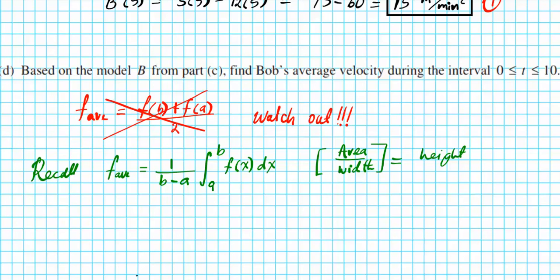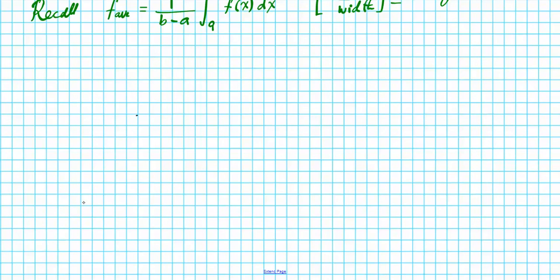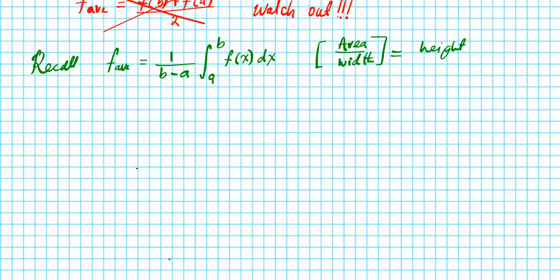Okay, so we are going to be applying this formula to this scenario. In this case, f, the function, is our velocity function. Okay, so f of t is b of t, which is t to the third minus 6t squared plus 300. Okay, our lower bound a is 0, and our upper bound b is 10.